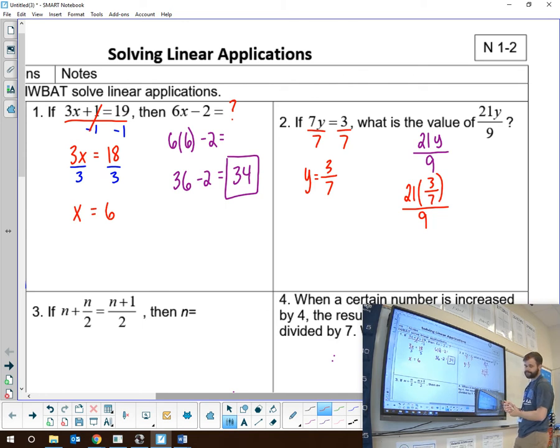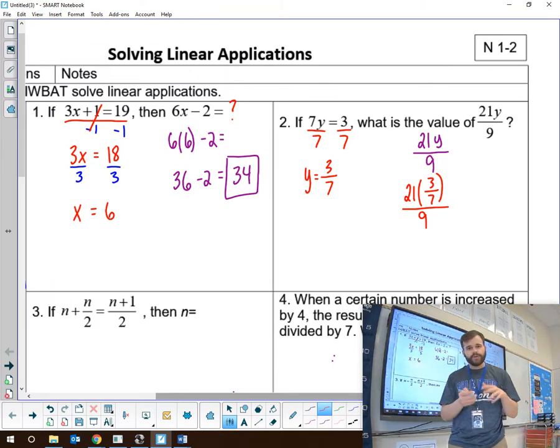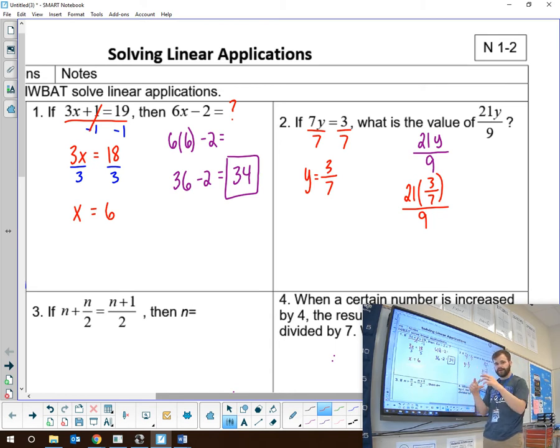21 times 3 over 7. Now there's some ways we can think about this, right? We can go 21 divided by 7 because we can simplify, we might cross reduce. Let's not do that though. Let's just remember how to multiply by a fraction. To multiply by a fraction, we're just going to multiply the tops together and the bottoms together, right? And this 21 is actually a 21 over 1. Now also remember your calculator can help you a little bit with this too, but we're trying to figure it out for ourselves.